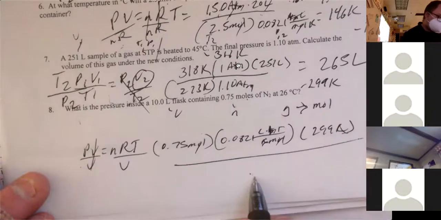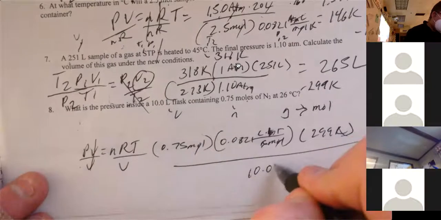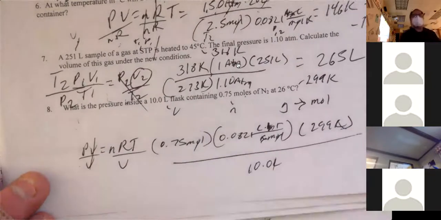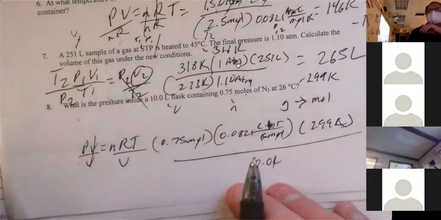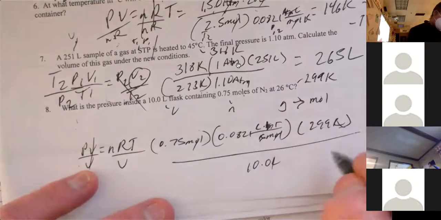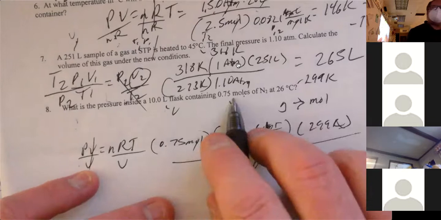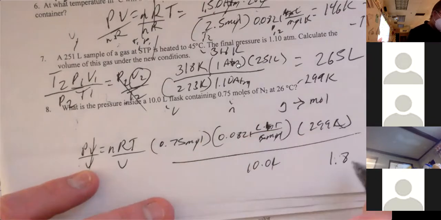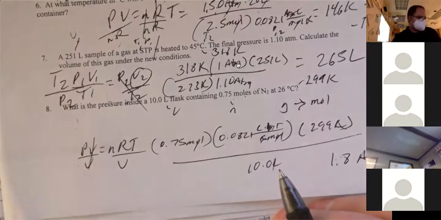Down here, we're going to have liters to cancel out because it is a 10-liter flask. 0.75 times 0.0821 times 299 divided by 10. It's about 1.841. Two significant digits. 1.8 atmospheres. Cool.